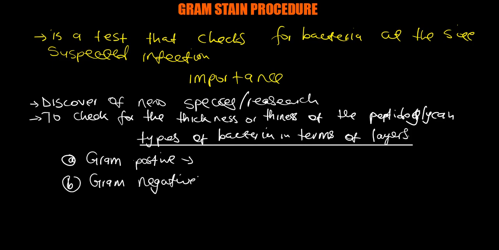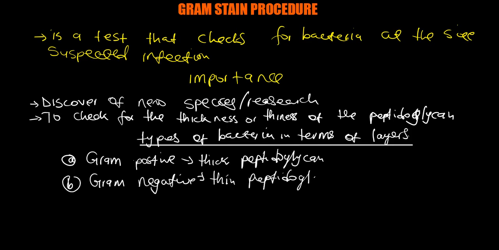If it is Gram positive, it has a thick peptidoglycan layer. If it is Gram negative, it has a thin peptidoglycan layer.